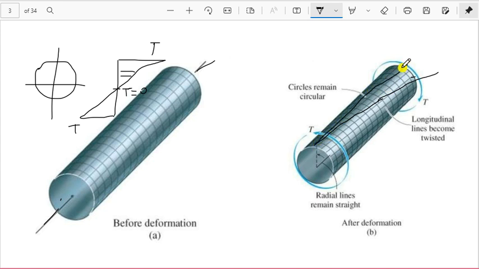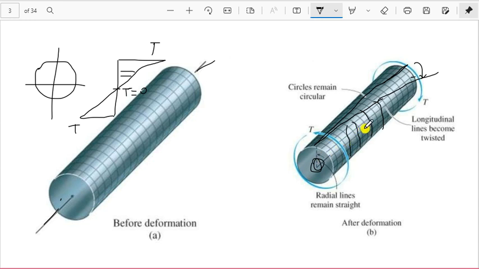If this one is, let us say, previous line, now this becomes the line. Yes, this much is the shear strain. That means shear deformation. But the planes which I am showing, or which can be considered as parallel planes to this cross section, will be as it is.